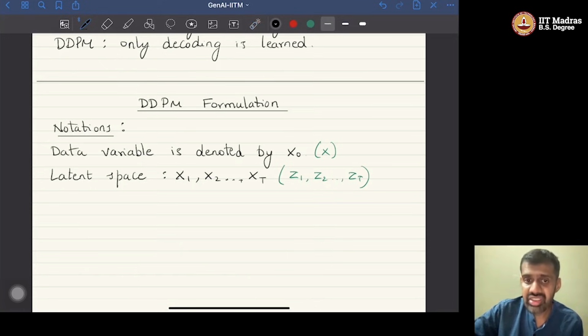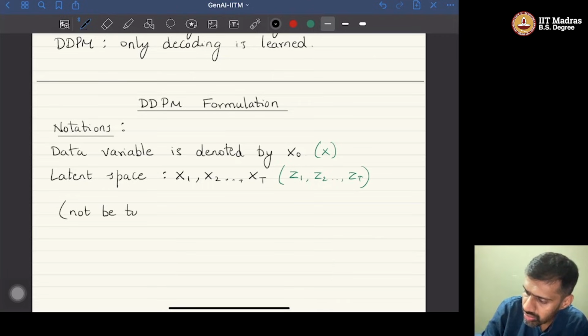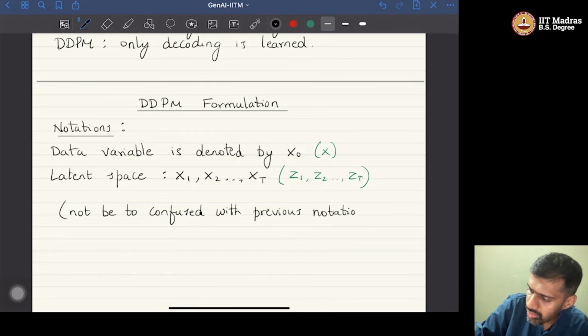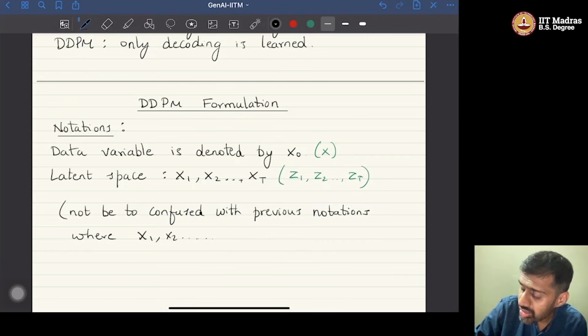important notational change in this course, and I'll do this only for the DDPM discussions because, as I said, this is consistent with everything that is published there. So I'll maybe write that: not to be confused with previous notations, where x1, x2 up to dot, these were data points.